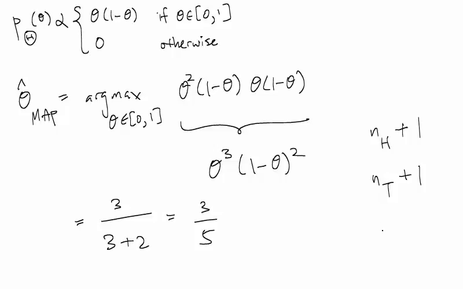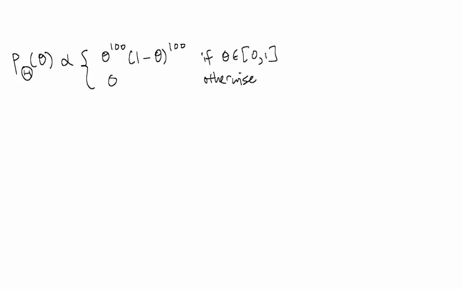To make that clear, I'll give a different example here where the prior is given by, so now I have theta to the power of 100 times 1 minus theta to the power of 100.